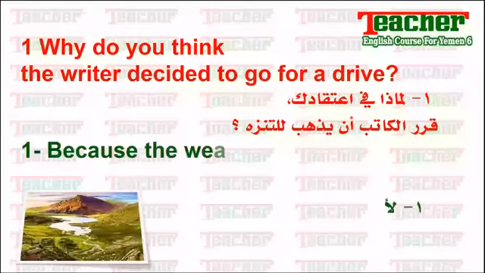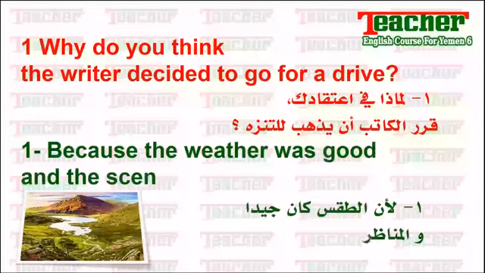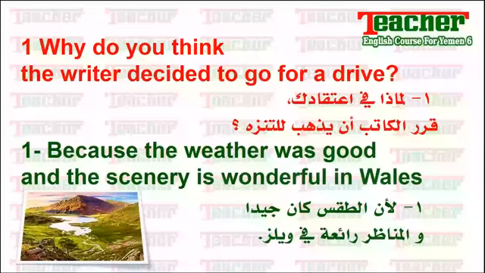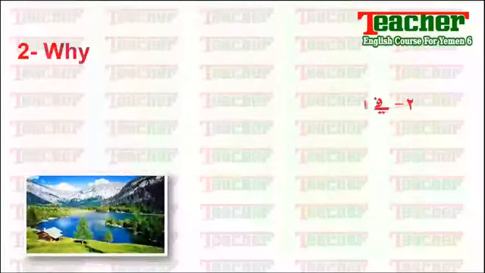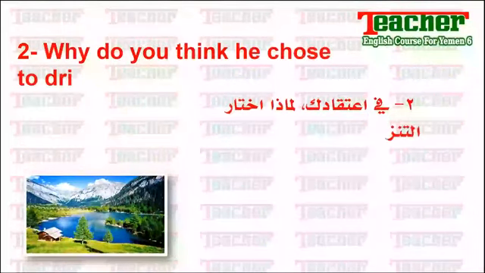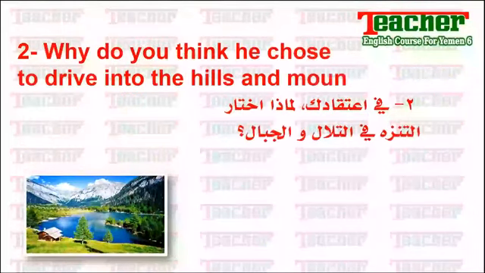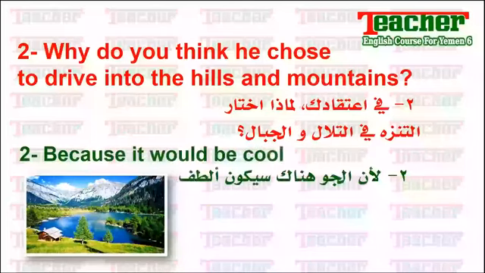Because the weather was good and the scenery is wonderful in Wales. 2. Why do you think he chose to drive into the hills and mountains? Because it would be cooler there.